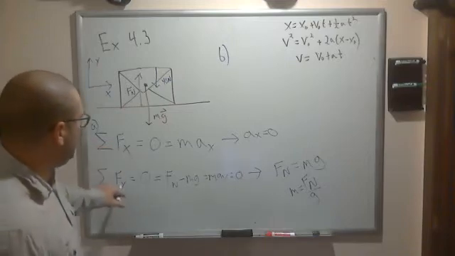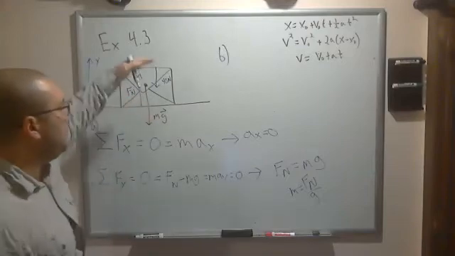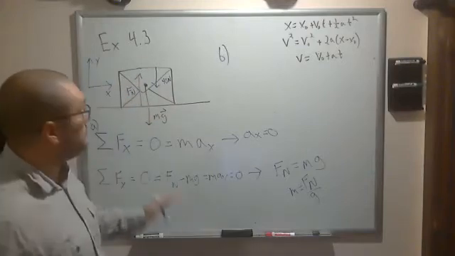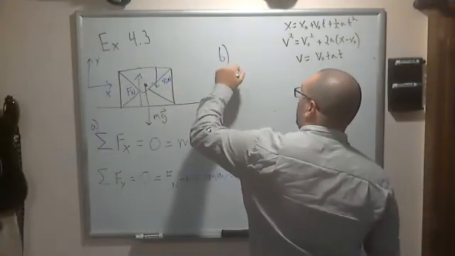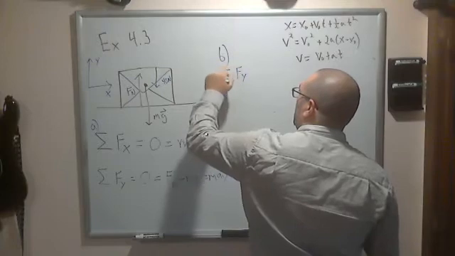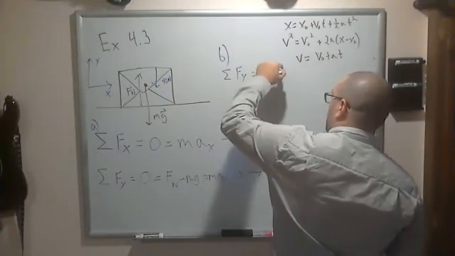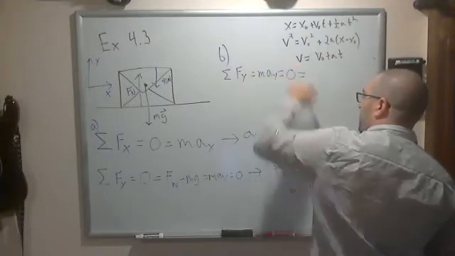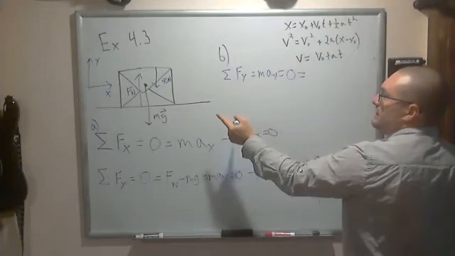F of x remains the same, and we know that the box is still not moving. We can't push it through the ground, not that strong. So this means that F of y is equal to ma_y, which is equal to 0, and it's equal to the sum of the forces, right?